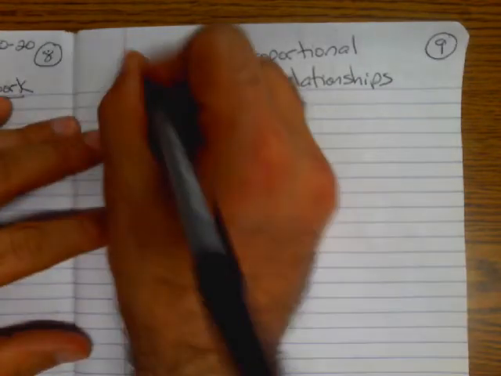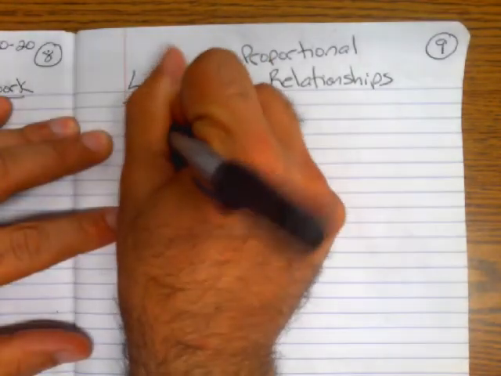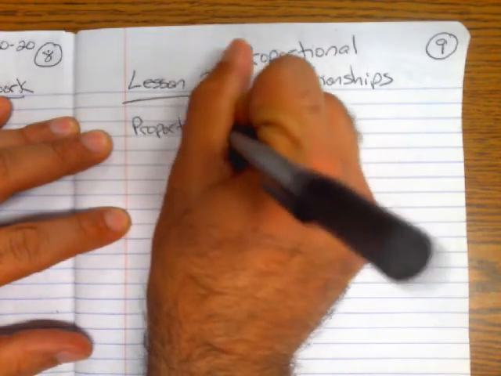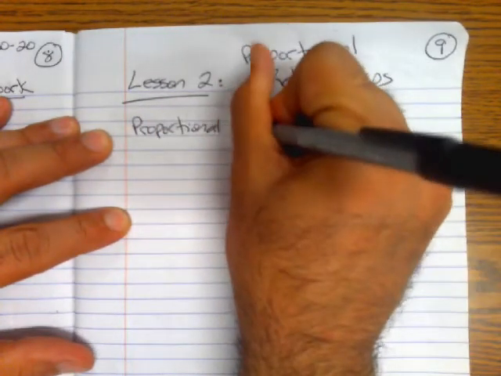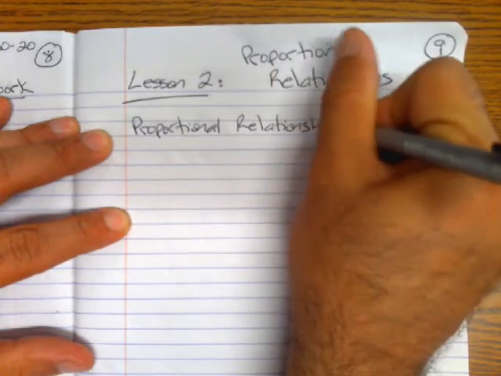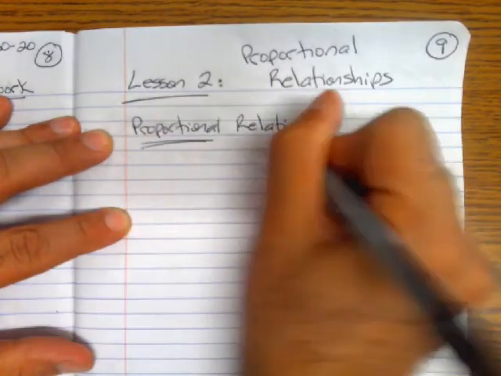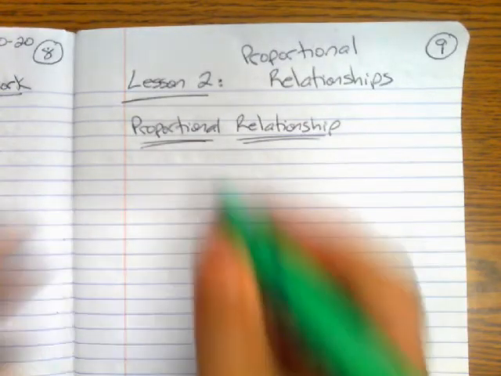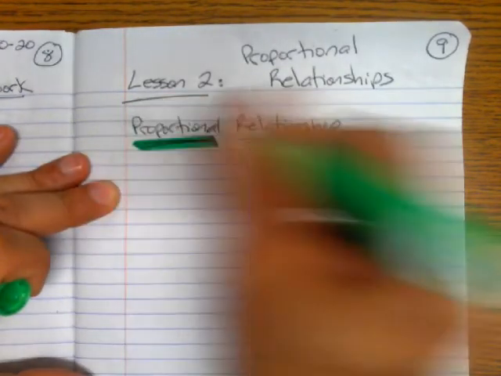All right, a proportional relationship, let's kind of define this a little bit. Let's get some good colors here because we used green yesterday, so let's use green again today.